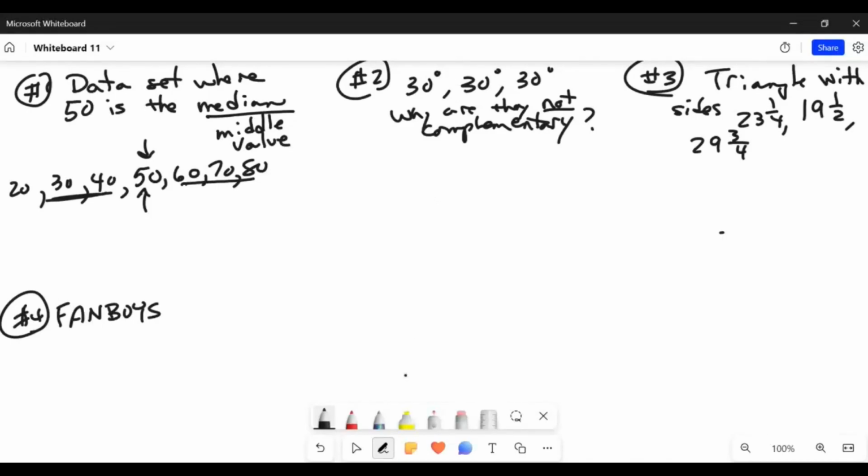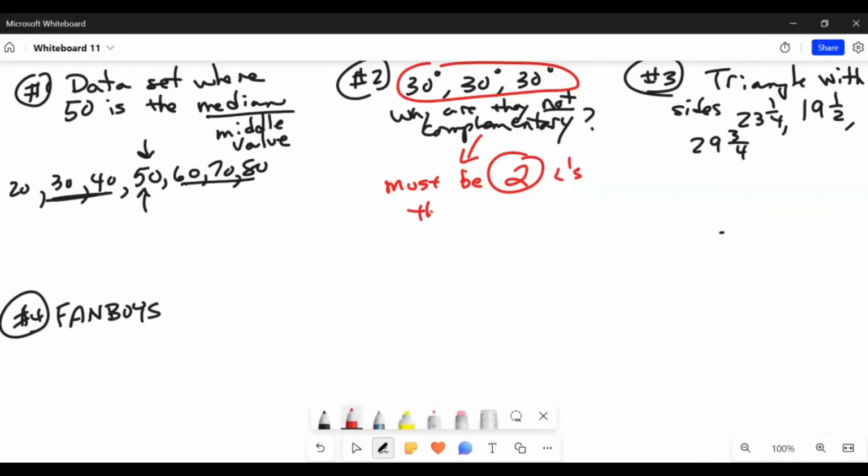For number 2, the reason that these 3 angles are not complementary is because by the definition of complementary angles, it must be 2 angles that add to 90 degrees. 2 angles.